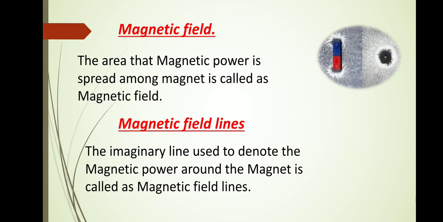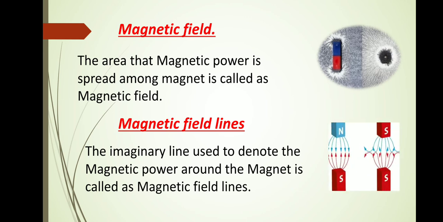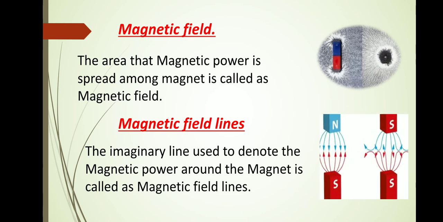So this indicates the magnetic power that is spread among the magnet. Here it can be indicated by this imaginary line. That line is called as magnetic field lines. This we will further explain in upper classes.